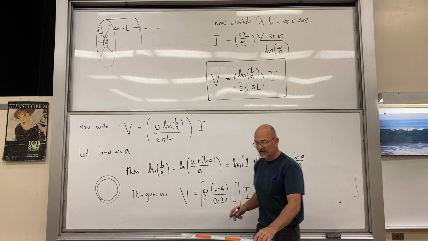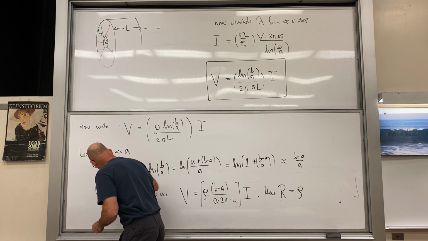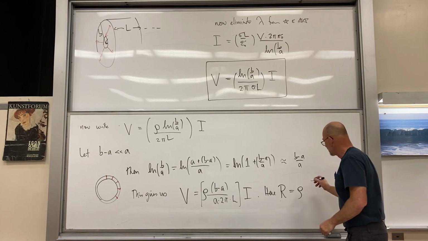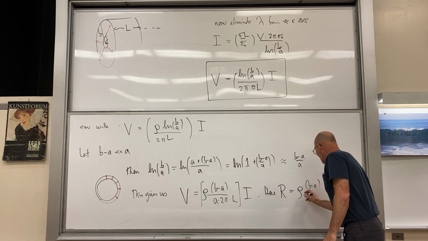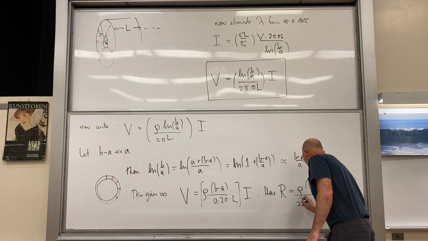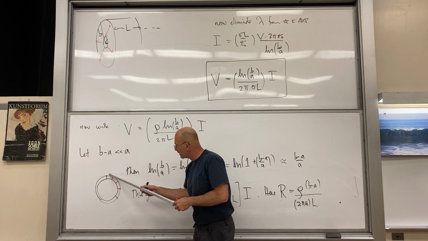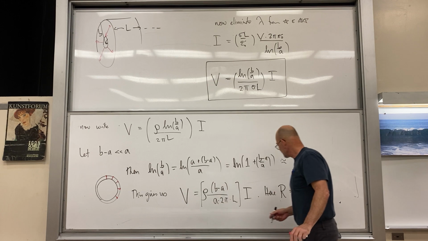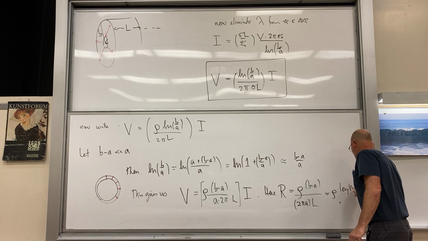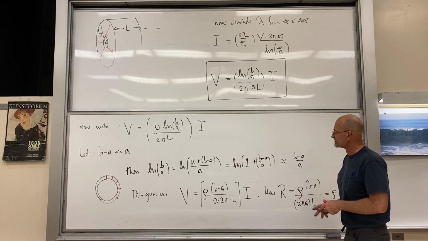In this case, since the current is flowing from inside to outside, B minus A is a length, and the 2 pi A times L is that entire surface area essentially, because B and A are very close together. So that turned back into rho length over area of our original long wire version.